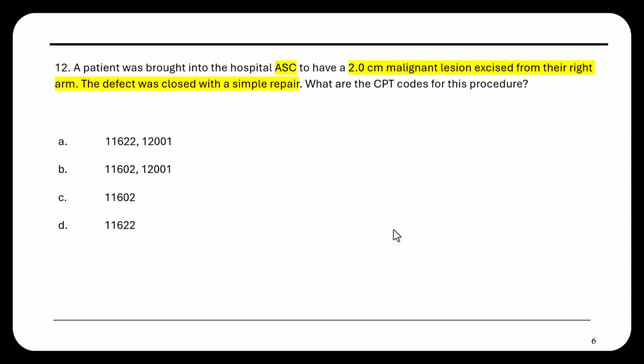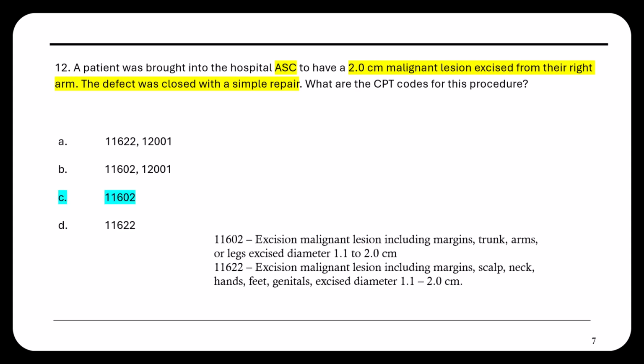I do know that that is the malignant area. As you go through and continually look up things, you start recognizing codes. But if I didn't know, I would be curious to know what the 12001 represents. Well, that is a simple repair. Is that what you need?